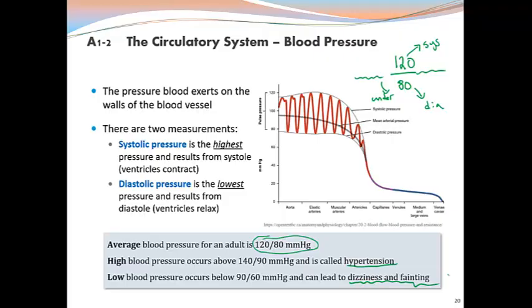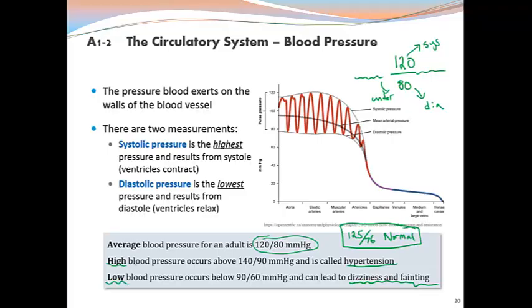In fact, if someone had a blood pressure of 125/76, I don't think you would be too concerned. You would still call that normal. Now, where does normal become high and where does normal become low?